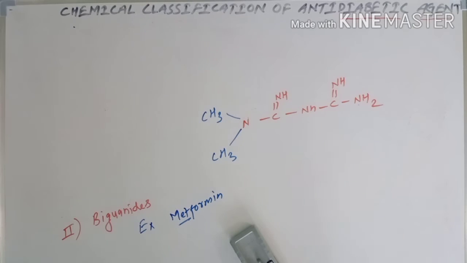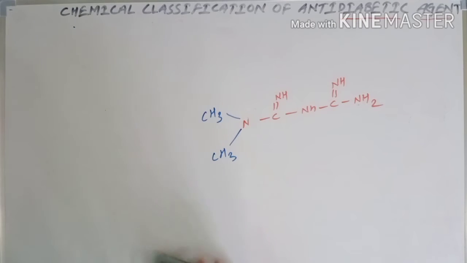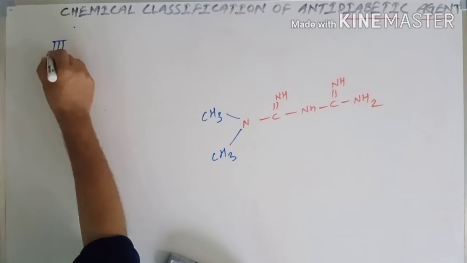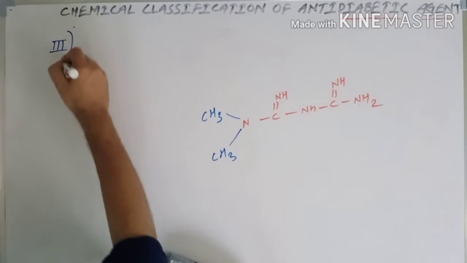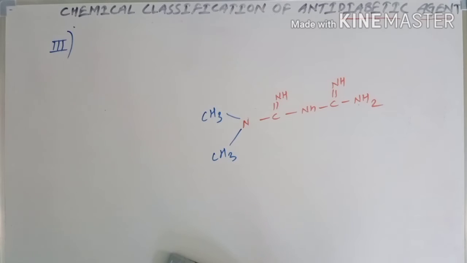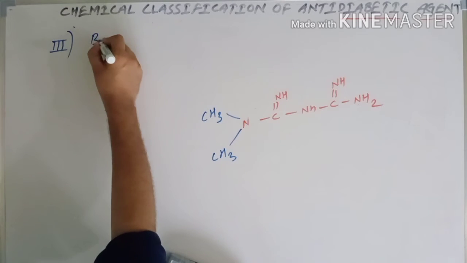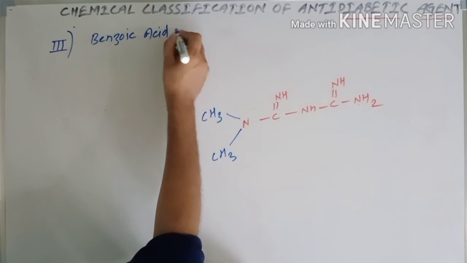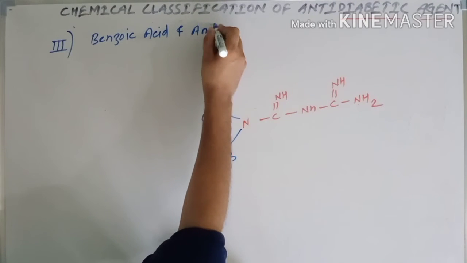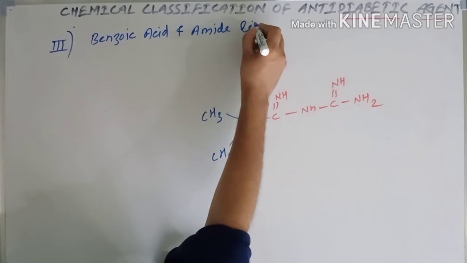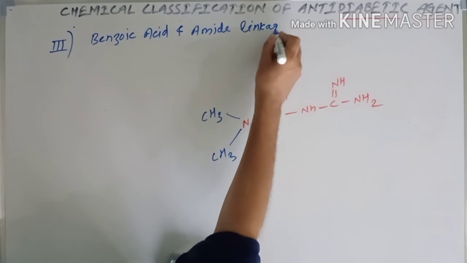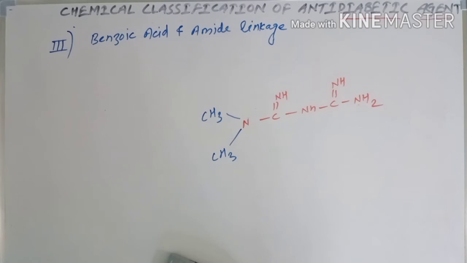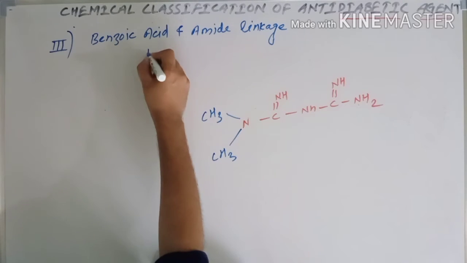Now the third major class of antidiabetic agent is the benzoic acid and amide linkage derivative.